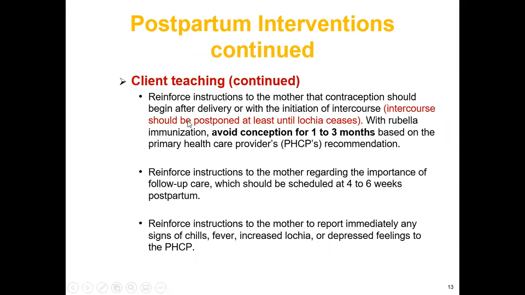Intercourse should be postponed at least until lochia ceases. With rubella immunization, postpone conception for 1 to 3 months based on the primary healthcare provider. So it is good to tell them not to conceive for at least 1 to 3 months after rubella immunization. Reinforce the instruction to the mother regarding the importance of follow-up care, which should be scheduled at 4 to 6 weeks postpartum.